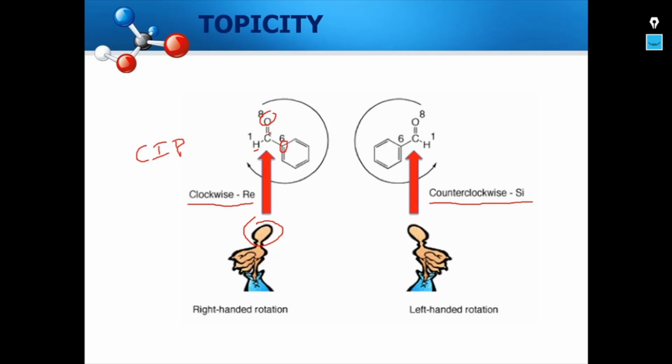If you rotate about the axis of the thumb and the remaining fingers rotate in the direction 8, 6 and 1, then the face is defined by the hand employed. Benzaldehyde is straightforward because all three atoms have different atomic numbers. The same is the case for this side.